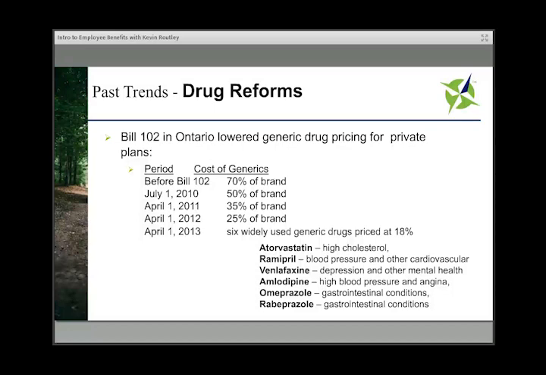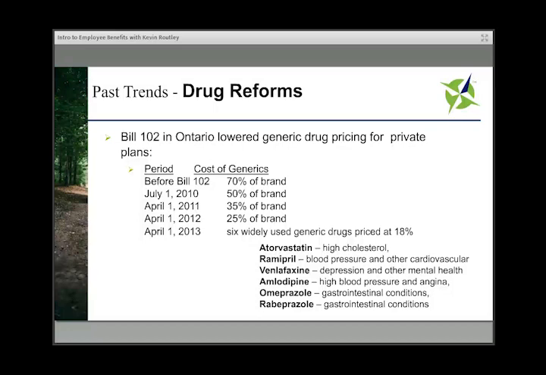And you can see that before it was implemented, when a generic came on the marketplace, it was usually about 70% of the original brand cost. But as of July 1, 2010, it was automatically dropped to 50%. And you see how it scaled back to April 1, 2012, where a generic is now 25% of the original brand cost, outside of 6 widely used generics, which is priced at 18%.